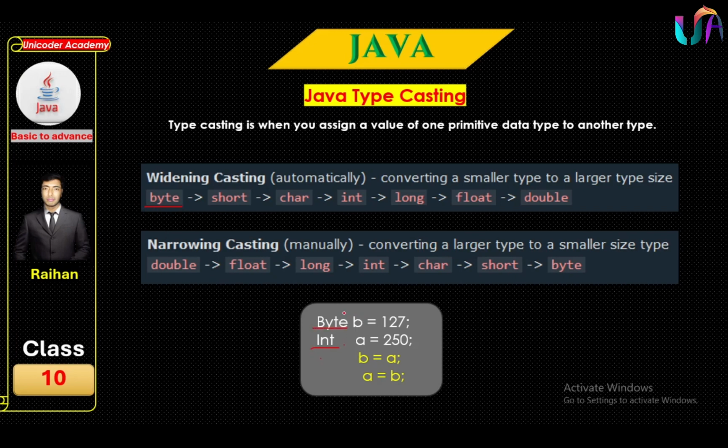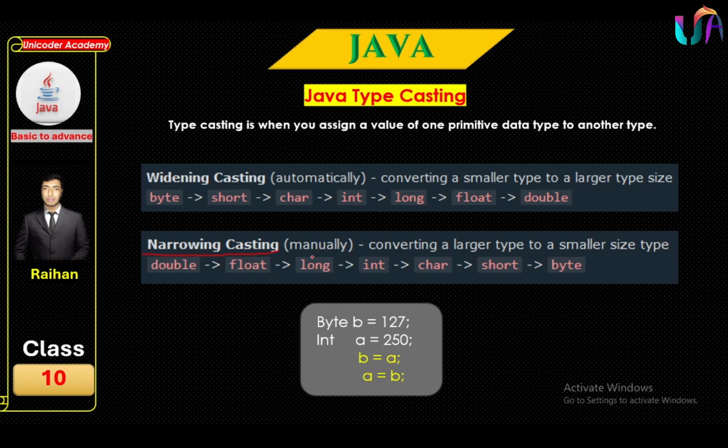So what will happen with widening casting here? First you see b equal to a will not work, because this is smaller and this is larger. It works if the right side is larger, so if a is larger, this statement works. And narrowing casting is manual.